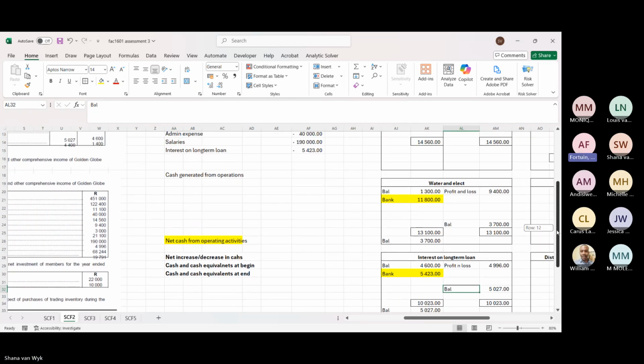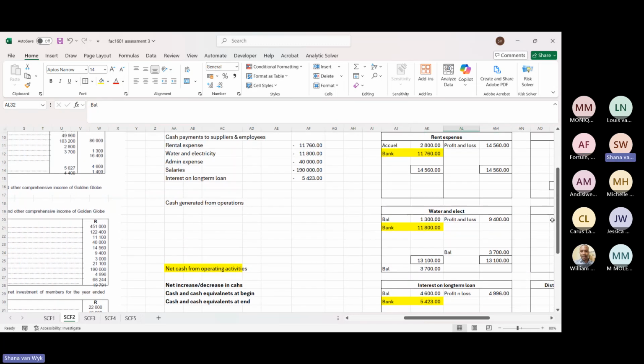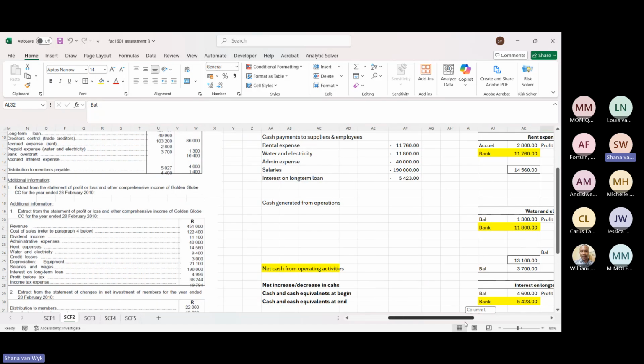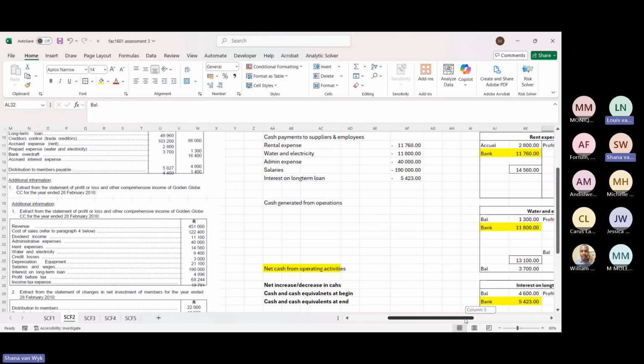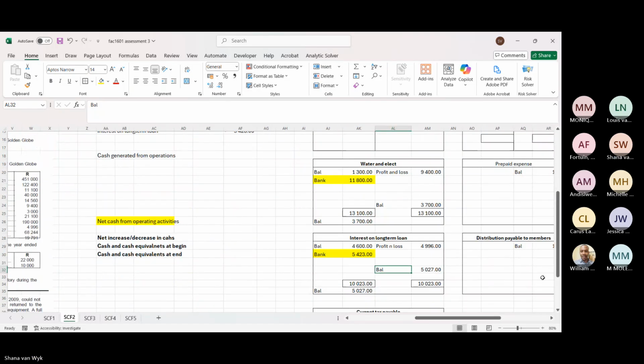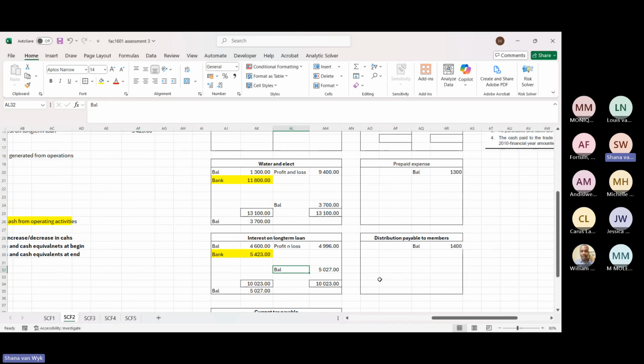Okay, sorry, I didn't see that one. I also didn't. Okay, distribution table. So this is going to be balance. This is going to be balance. Okay, good. So now we have that.